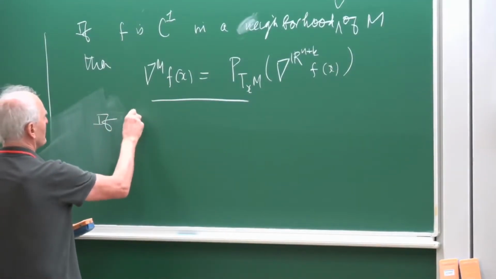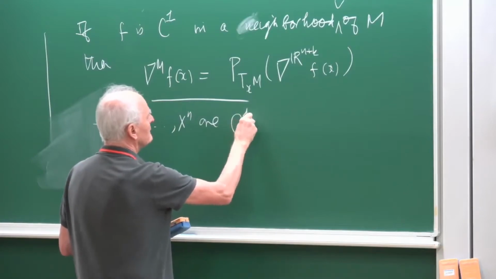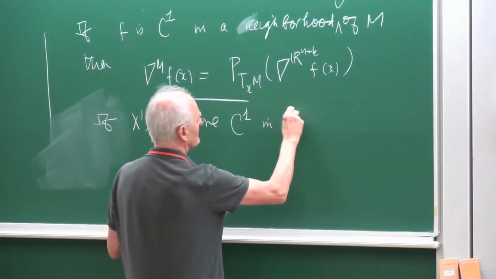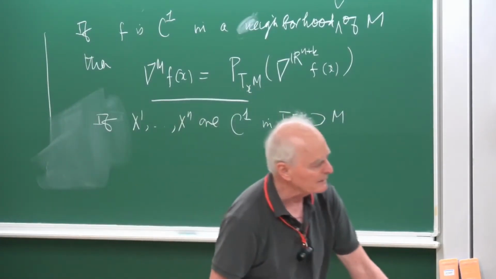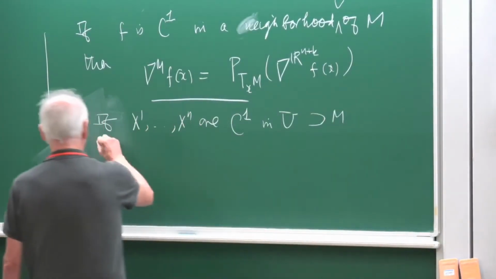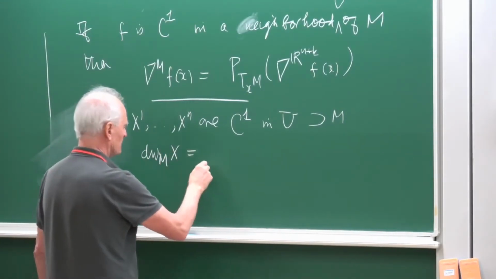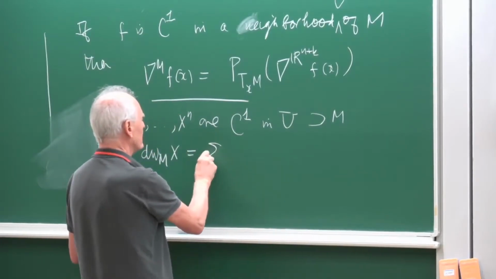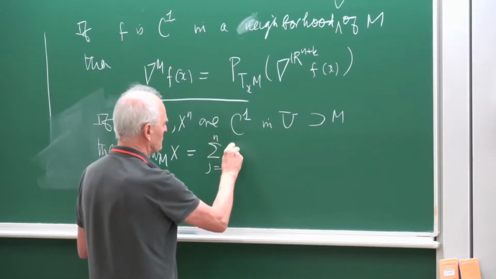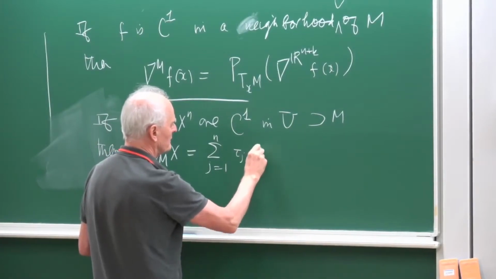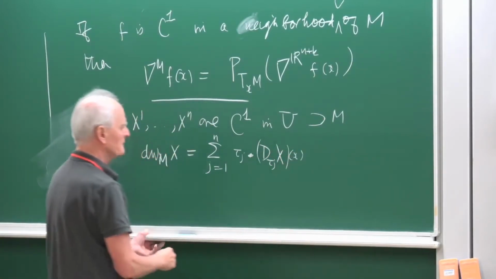If x_1 up to x_(n+k) are actually C1 in a neighborhood U, an open set U containing M, then you can use this kind of formalism here and you can check div_M X is the sum, now let's use the second identity for this, so that's the sum j equals 1 up to n of tau_j dotted with d_tau_j X, the vector function X, evaluated at the point x.